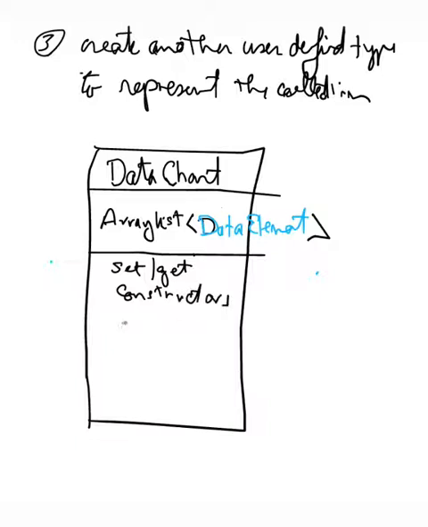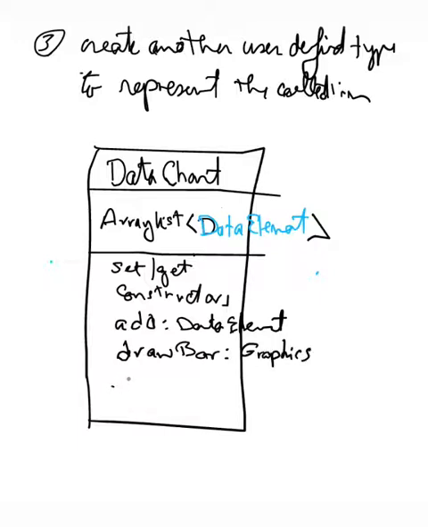Then this particular class needs a way to add a new element to the array. So every time we want to add an element to the array, we would call this method, add a new element. The class also can have a method that draws the class as a bar chart, and this is a method that needs to receive a graphics context to draw on it, and we can have a method that draws the class as a pie chart, and this one also needs to receive a graphics object to draw this pie chart.